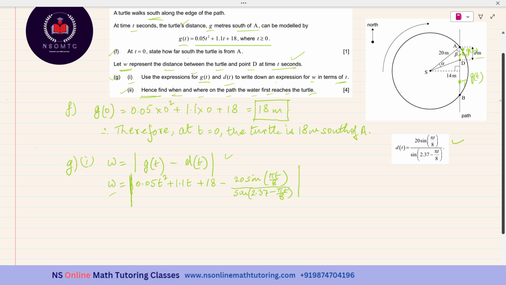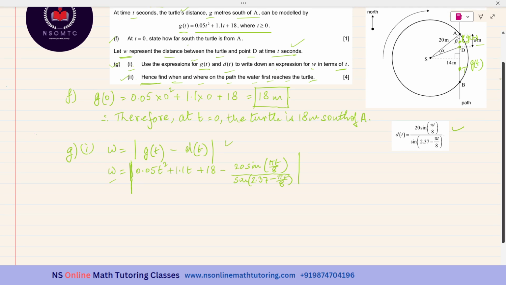So the turtle will be getting the water if the turtle is at point D. Then g of t will be equal to d of t, so the W has to be equal to 0.